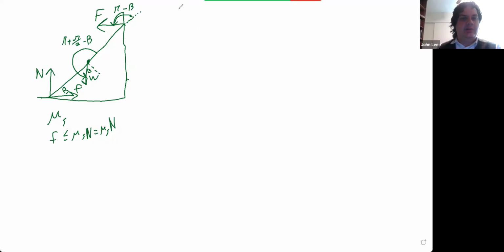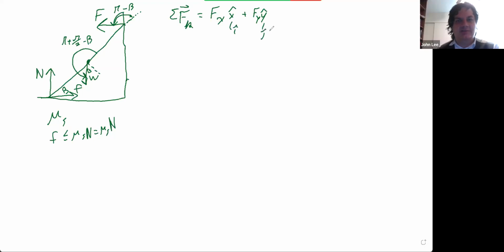So what we need to do is set up the sum of forces K equal to Fx in the x direction and Fy in the y direction, where I think this is the I direction and this is the J direction.